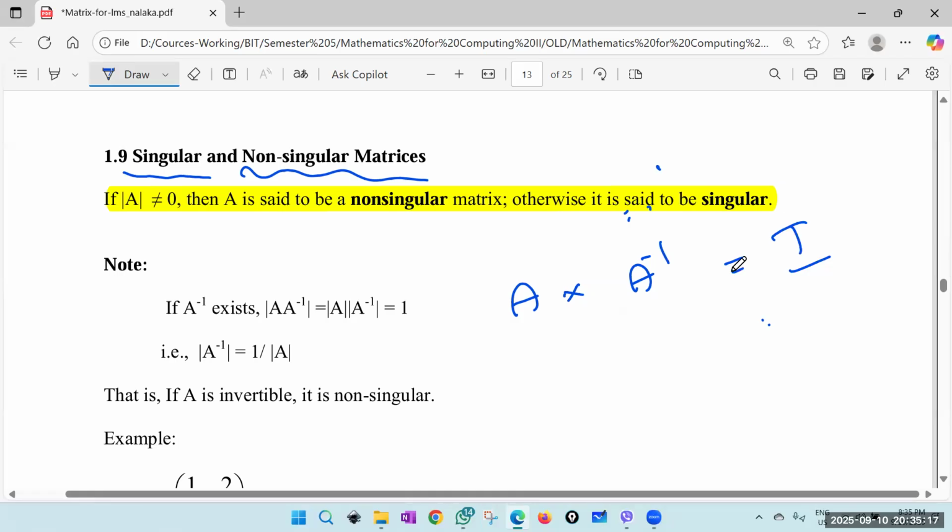So if you multiply a square matrix by another matrix and get the identity matrix, then we say this is the inverse of that one. If there's no such matrix, then it is a singular matrix. It doesn't have an inverse. That is the definition.